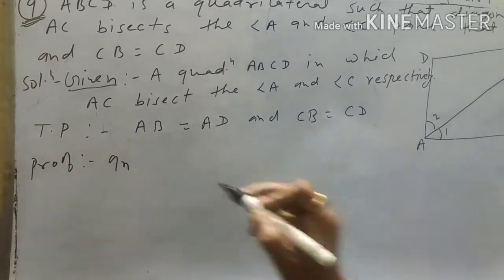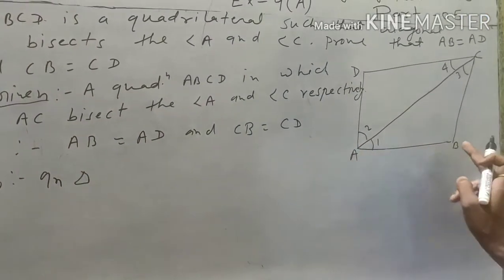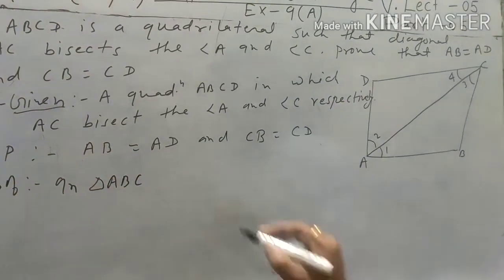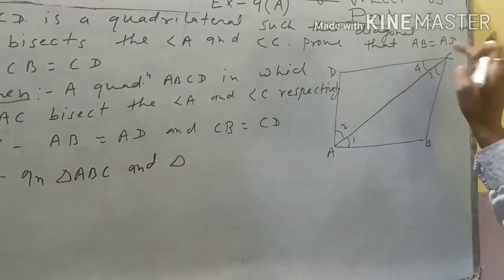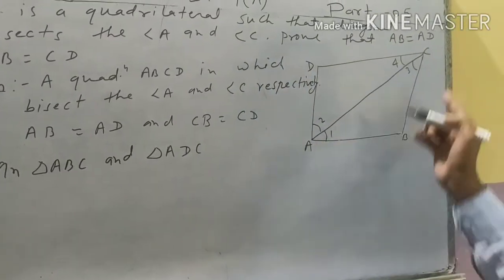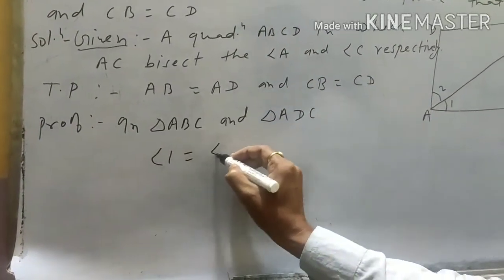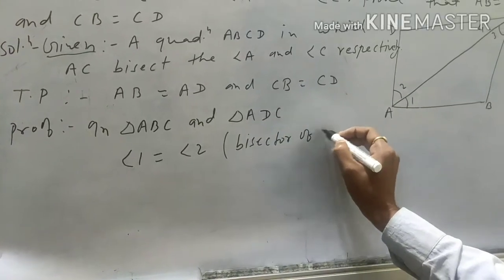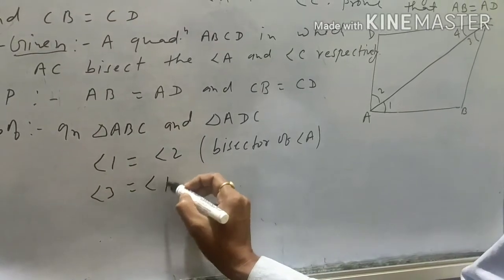Here, student, this question is very easy. Take two triangles: triangle ABC and triangle ADC. In triangle ABC and triangle ADC, angle 1 is equal to angle 2. Here write down, bisector of angle A. Angle 3 is equal to angle 4.